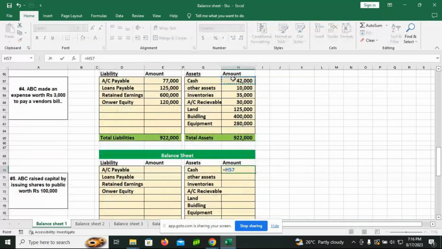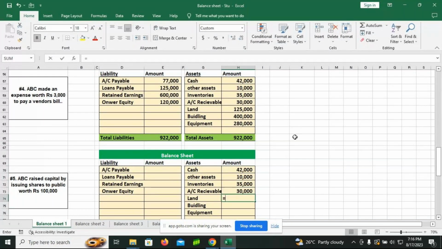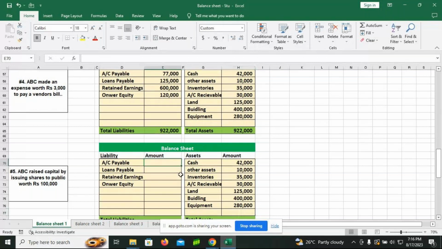The fifth one. So cash, inventories, receivable, land, building, equipment. And here account payable, sorry, 6 lakh and 1,20,000.